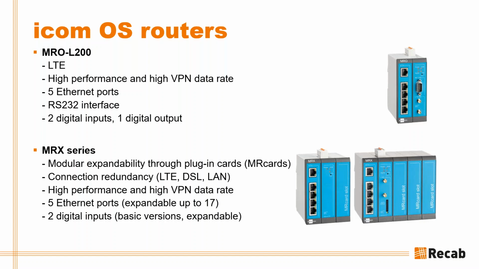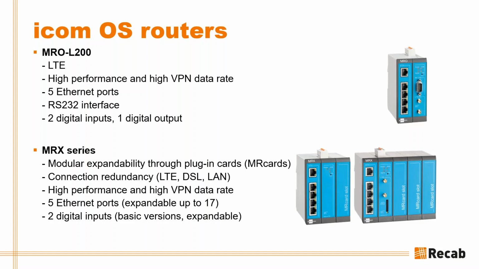Here you also have the high performance and high VPN data rates. You have 5 Ethernet ports in the basic device, and you can expand that up to 17 ports. And you also have 2 digital inputs in the basic standard version, but you can also expand that with different cards.